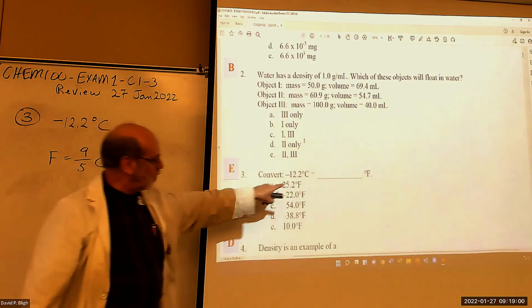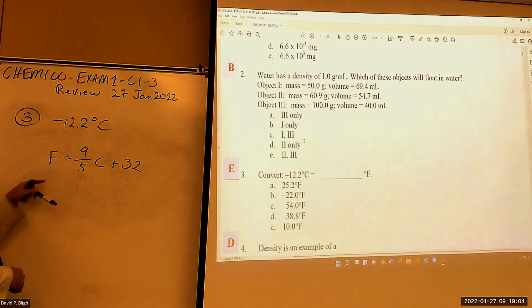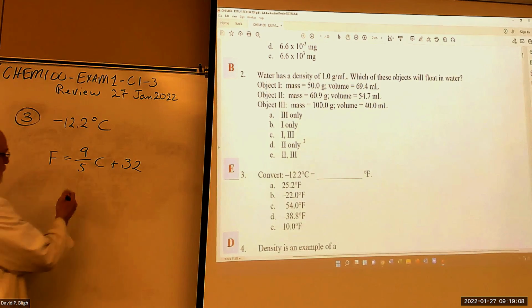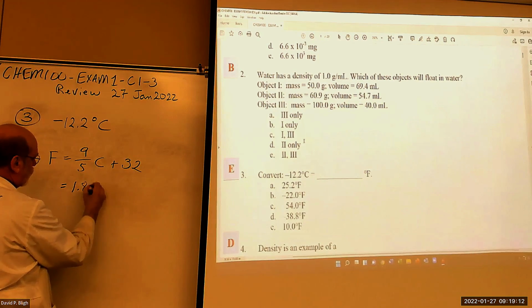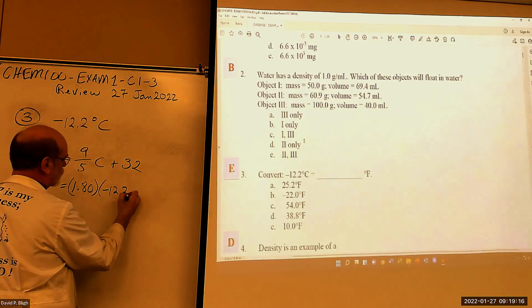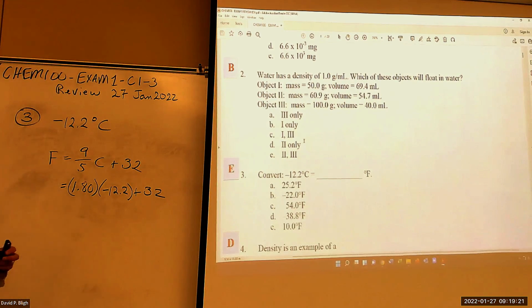We want to find out what this is in terms of Fahrenheit. It's already solved for Fahrenheit, so now all you have to do is plug in. We use the one that's in the book: 1.8 times minus 12.2 plus 32.